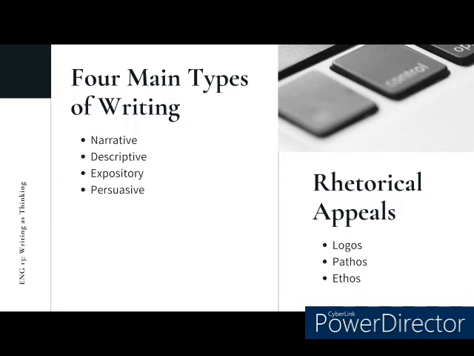Pathos is about how you present your argument in a way that has emotional interest, emotive interest. Pathos is not necessarily irrational, but it is a non-rational form of argumentation.